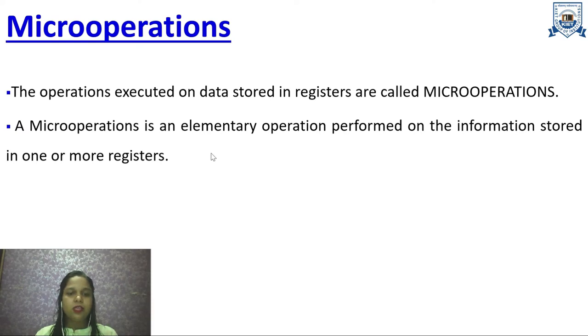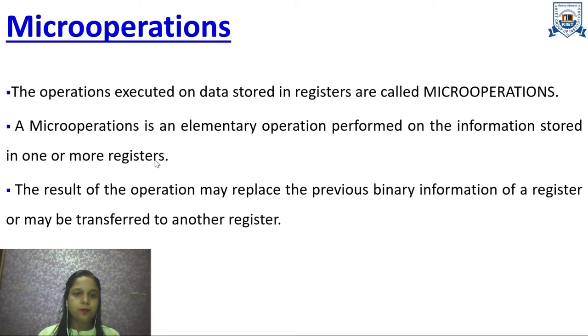It means whenever we are performing a micro operation, we can make use of one or more registers. When we say C = A + B, we are using three registers, and when we do C++, which means increment by 1, we are making use of one register. Then it says the result of the operation may replace the previous binary information of a register or may be transferred to another register.